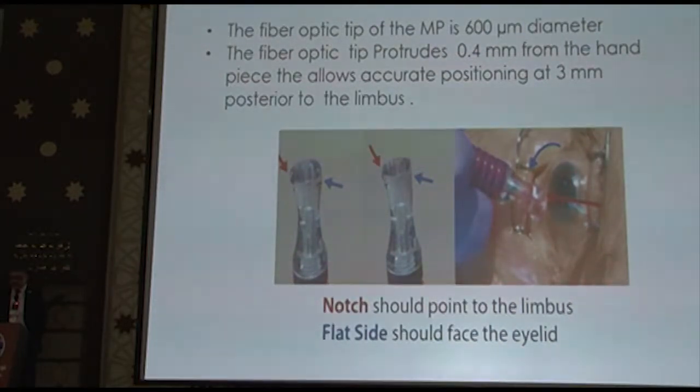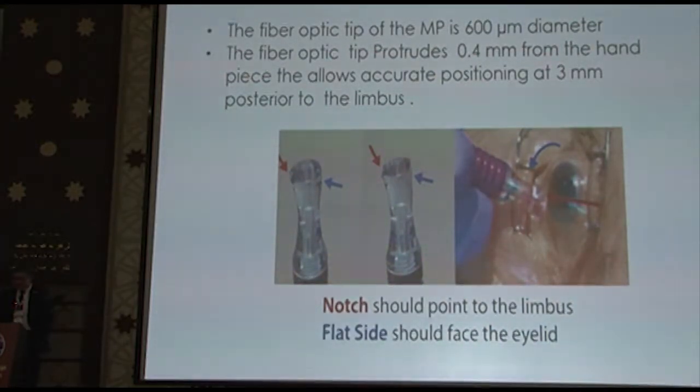The fiber optic tip protrudes about 0.4 millimeter from the handpiece to allow accurate positioning 3 millimeters posterior to the limbus, to prevent damage to the cornea and not affect the corneal stem cells.